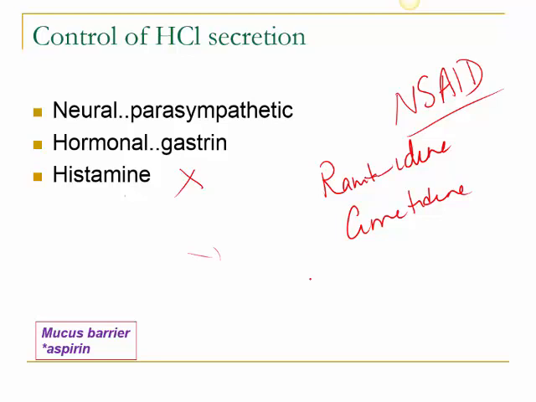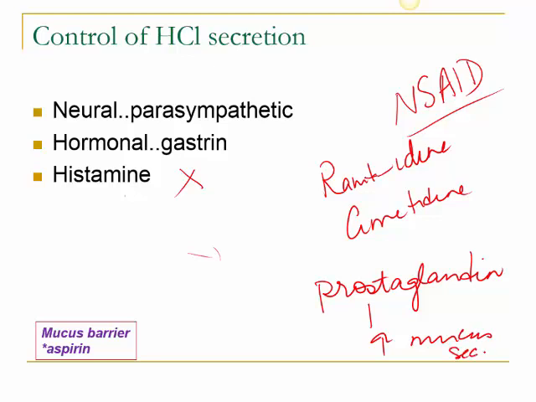And the mucus secretion is increased by a hormone known as prostaglandin. So prostaglandin increases mucus secretion. What aspirin and NSAIDs do is they reduce prostaglandin synthesis. So if prostaglandin synthesis is reduced, automatically mucus secretion decreases.